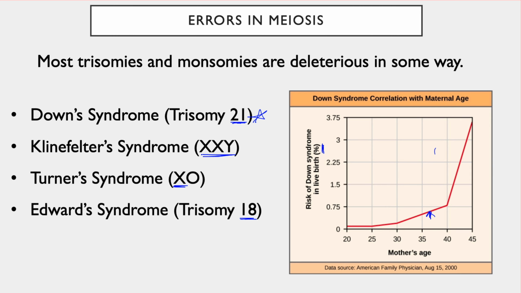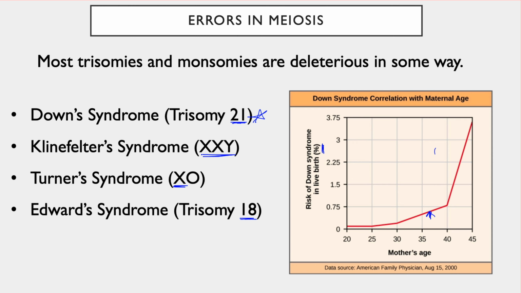So typically women that are pregnant over the age of 37 will have amniocentesis that can determine the genome of their fetus, so that they can determine if that baby will have Down syndrome or some other syndrome.